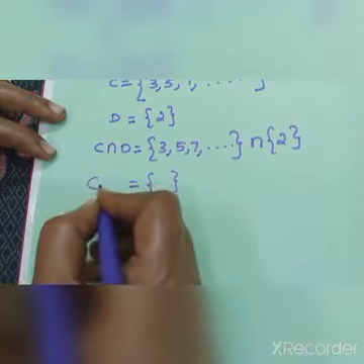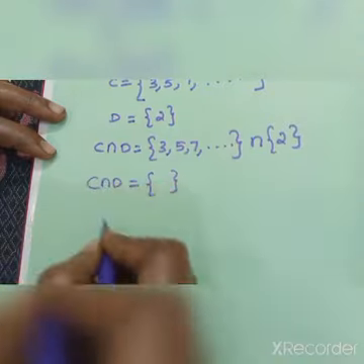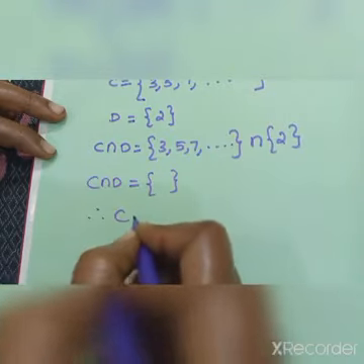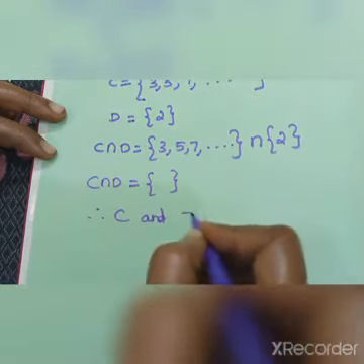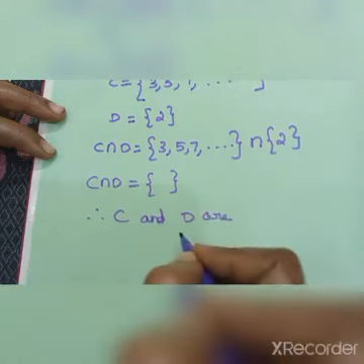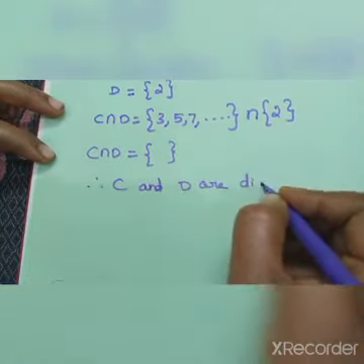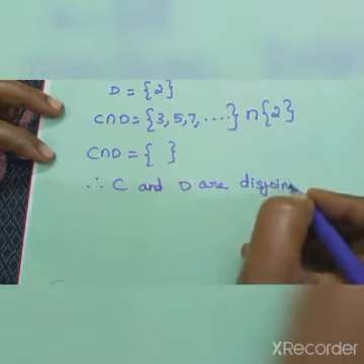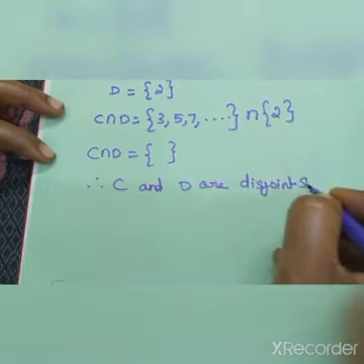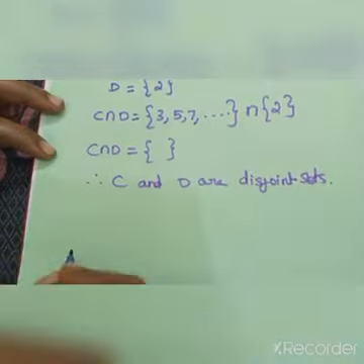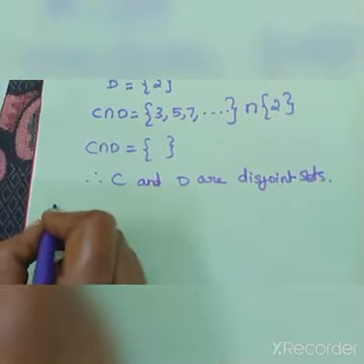C intersection D is equal to the empty set. Therefore C and D are, what answer we have to write? Disjoint sets. Okay. No common elements, so disjoint sets.